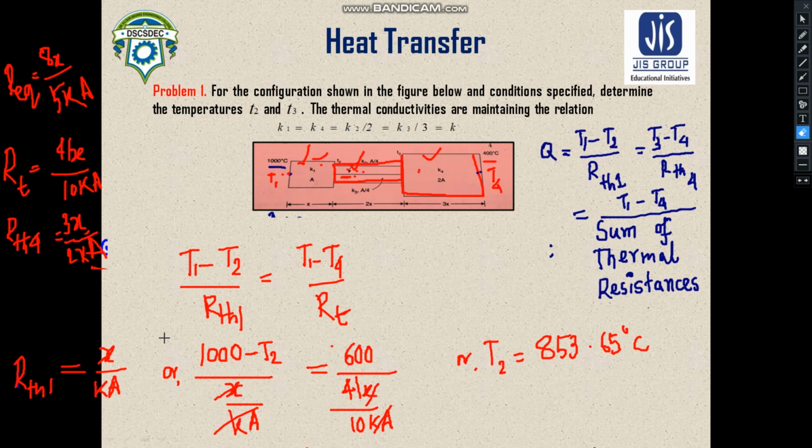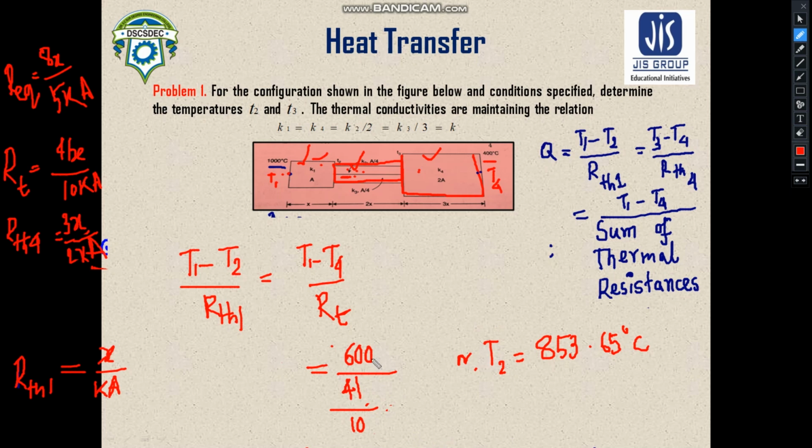Now we'll be looking to find the value of T3. So I am keeping it the same as it is. Okay, just let me rewrite this. So it will be 41x divided by Ka.